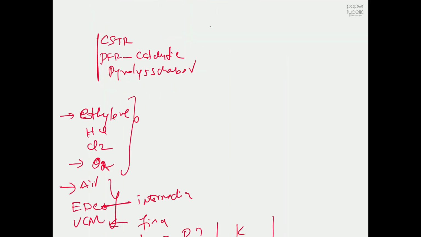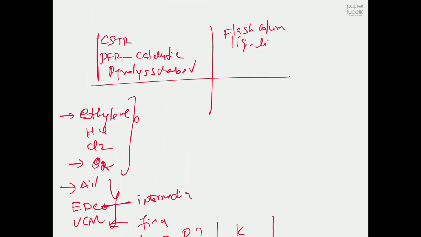And then obviously we are purifying everything that we are going to see. So let's add to this list of unit operations: we are going to use a flash column, a liquid extractor, and a reboiled absorber.